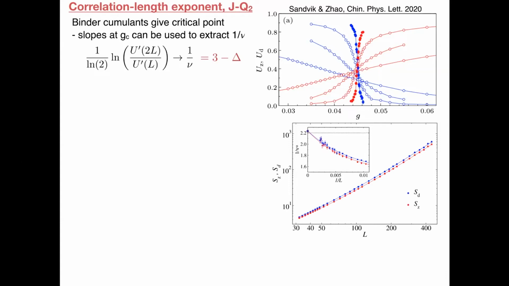Okay, so the slope extracted as a function of L is shown here. You can see that it definitely grows with L. Then we can take two points, for L and 2L, for example, as I show here, and this is shown in the inset as a function of 1 over L. For a given pair of system sizes, we get an estimate that I call 1 over nu star, and that should flow to the actual exponent.